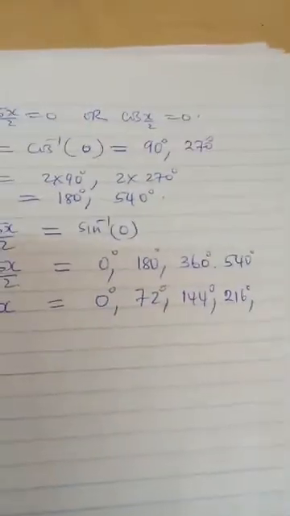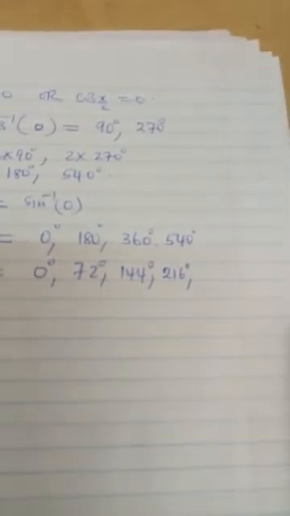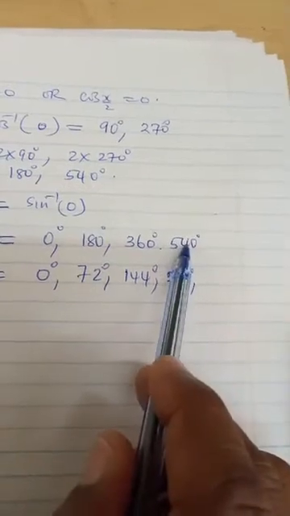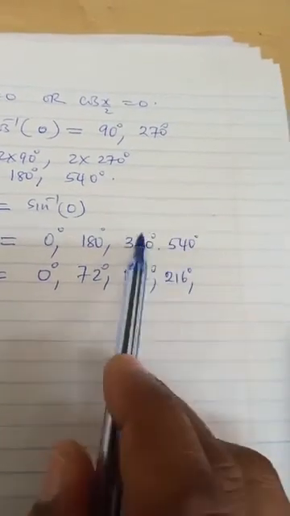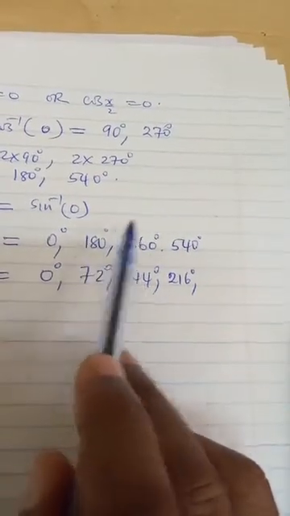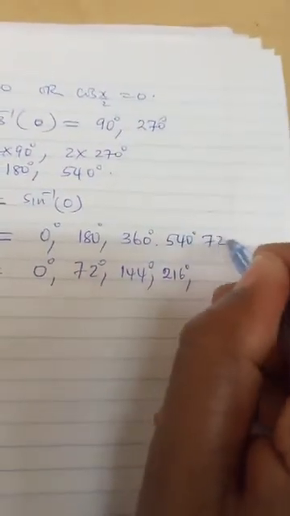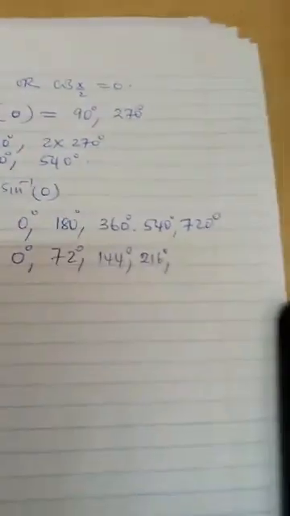So we can proceed and look for more angles, since this shows us that we are still on course. The next angle after 540: 360 plus 0 is 360, 360 plus 180 is 540, 360 plus 360, the next angle will be 720 degrees.